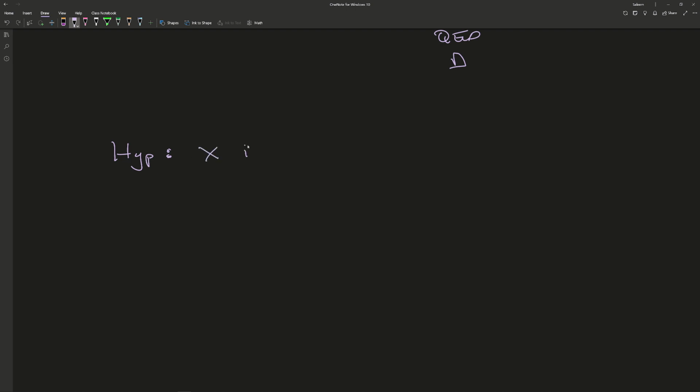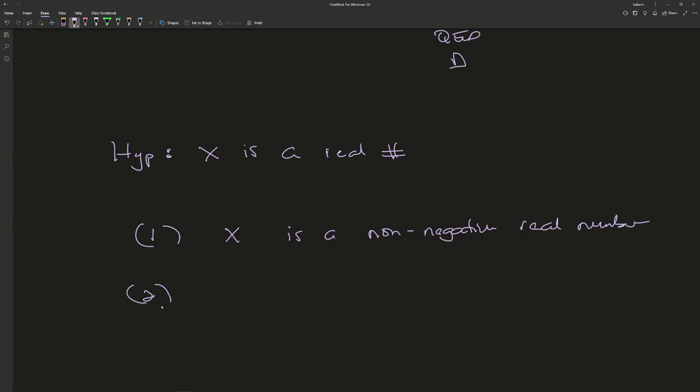If the hypothesis is x is a real number, then we can divide this into subcases: x is a non-negative real number, or x is a negative real number.